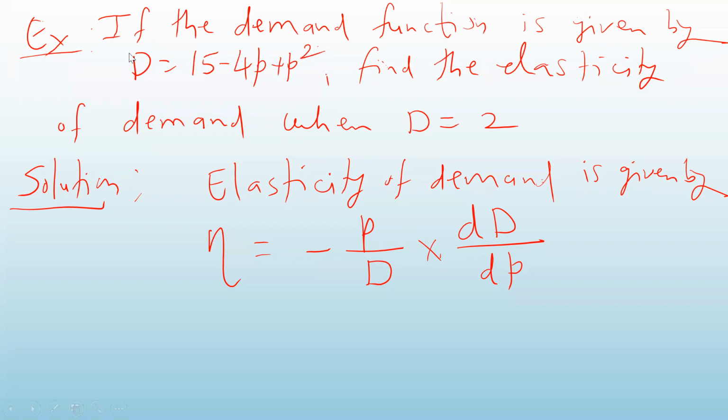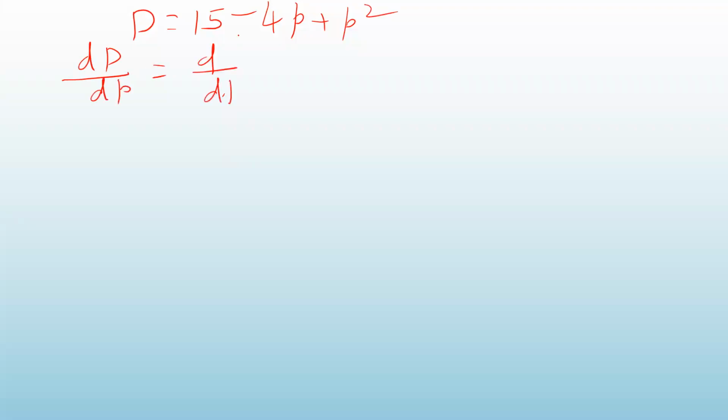So what we need here is derivative of D with respect to P. So differentiate D with respect to P. D is 15 minus 4P plus P square. This is my D given to me. Find out the derivative of D with respect to P. So that means we have to find out the derivative of 15 minus 4P plus P square.